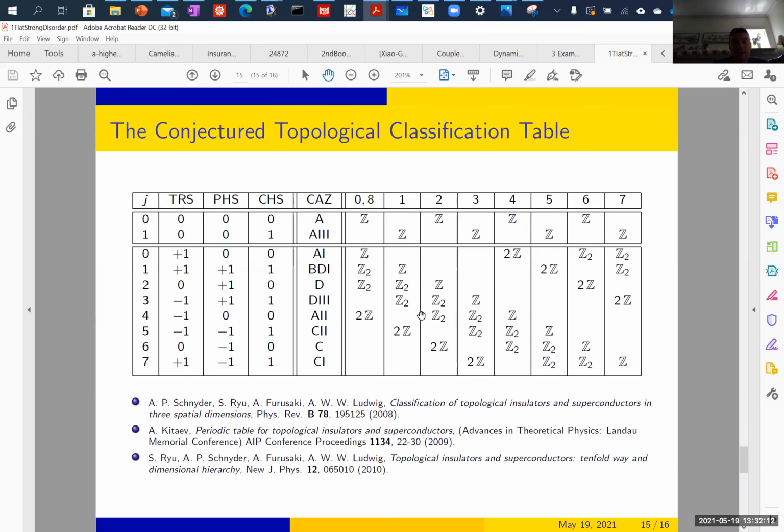So going back to this system, I should say that everything that you see in Z2, such statements are missing, at least this is what I know. So even at a single particle level, we still have missing pieces regarding the strong disorder.